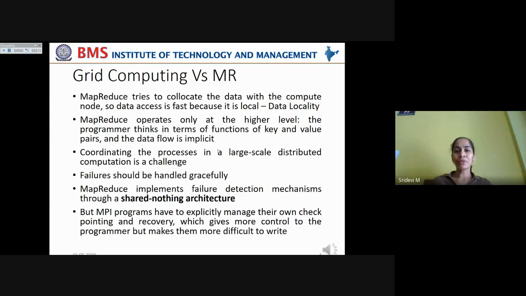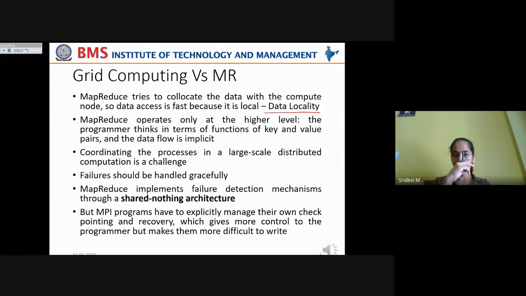Now, how is this problem overcome by MapReduce? MapReduce tries to collocate the data. Understand this term, co-locate. It co-locates the data with the compute node, so data access is fast because it is local. This concept is called data locality.